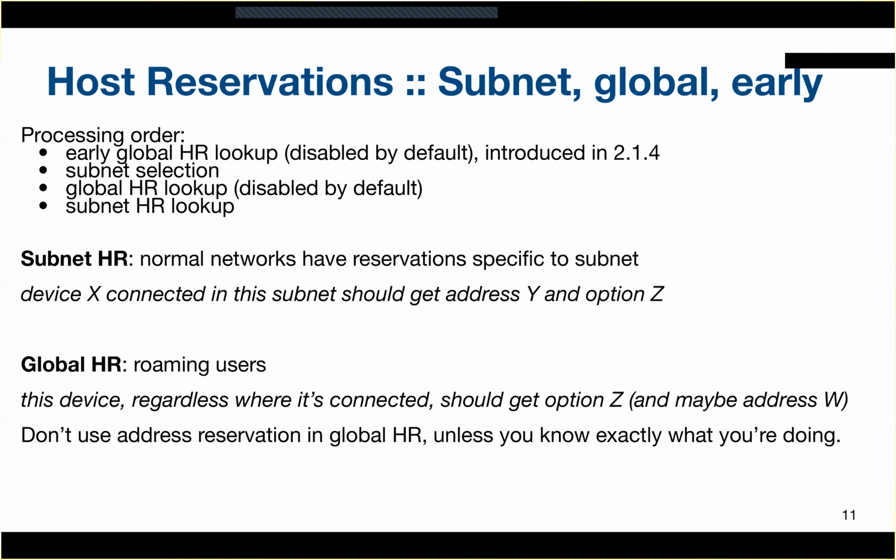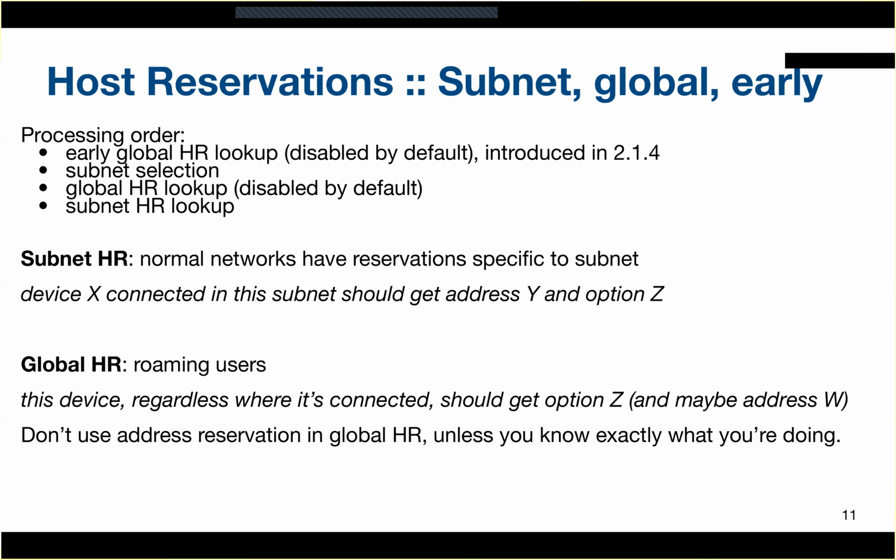So moving on, host reservations can also be defined on several layers. Up until, I think, 1.8, it was only possible to have subnet reservations. For a subnet reservation, the idea is what you would expect from a reservation. You have a device X connected to this subnet, and this reservation should get an address and maybe an option.